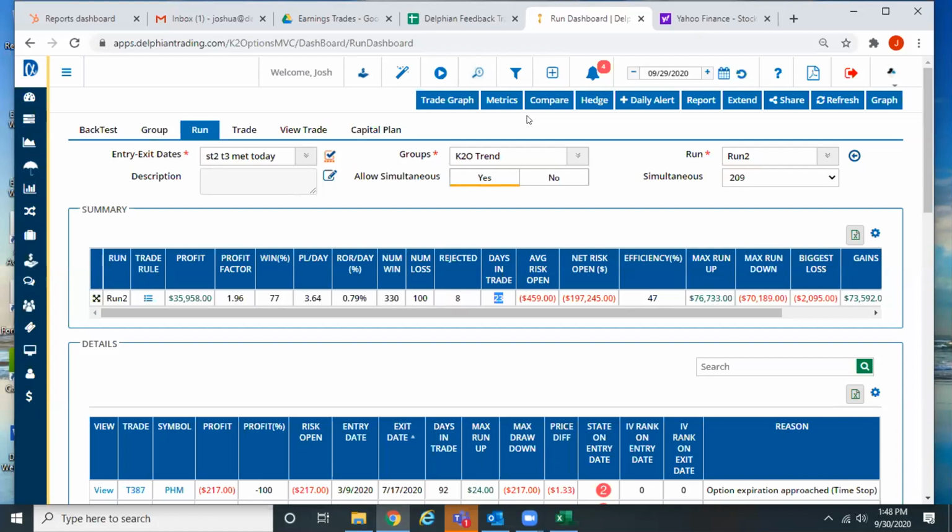And you can change the bull call strikes to whatever you want and test those. So there's lots of options on what you can do, trying to optimize trades and find a better trade.